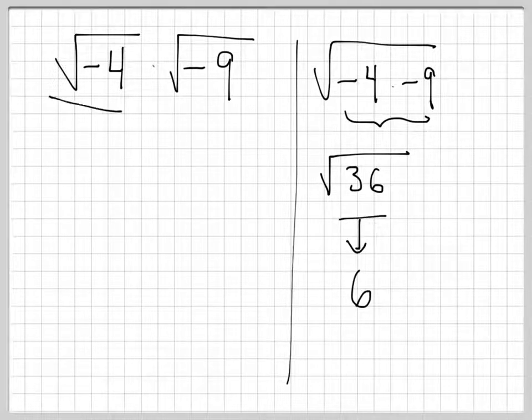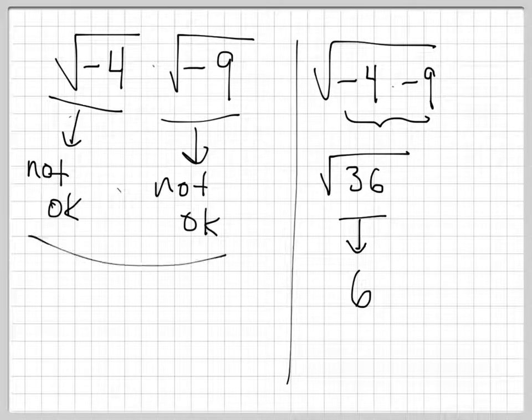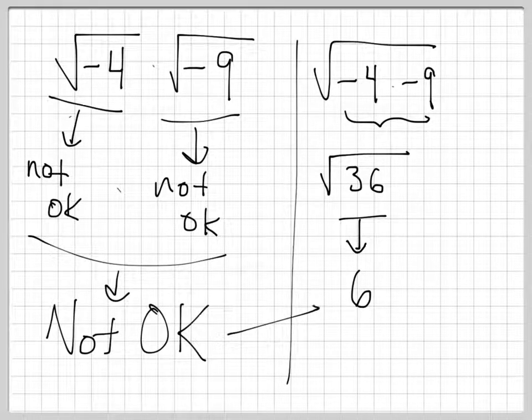But over here, this is not okay. And this is not okay. And not surprisingly, the multiplication of two things which are not okay is not okay. And so you see where we got 6 on one side by doing the multiplication under the radical first and then taking the square root.